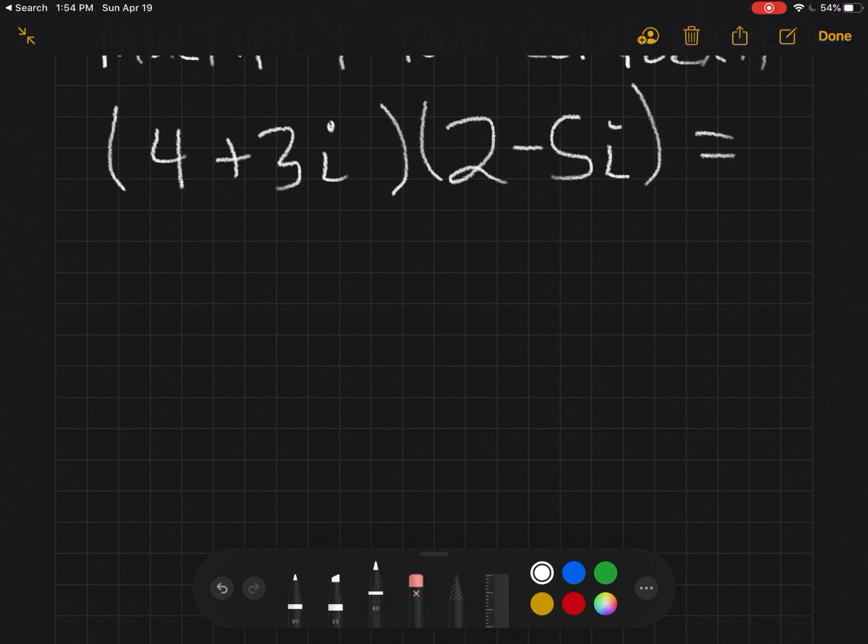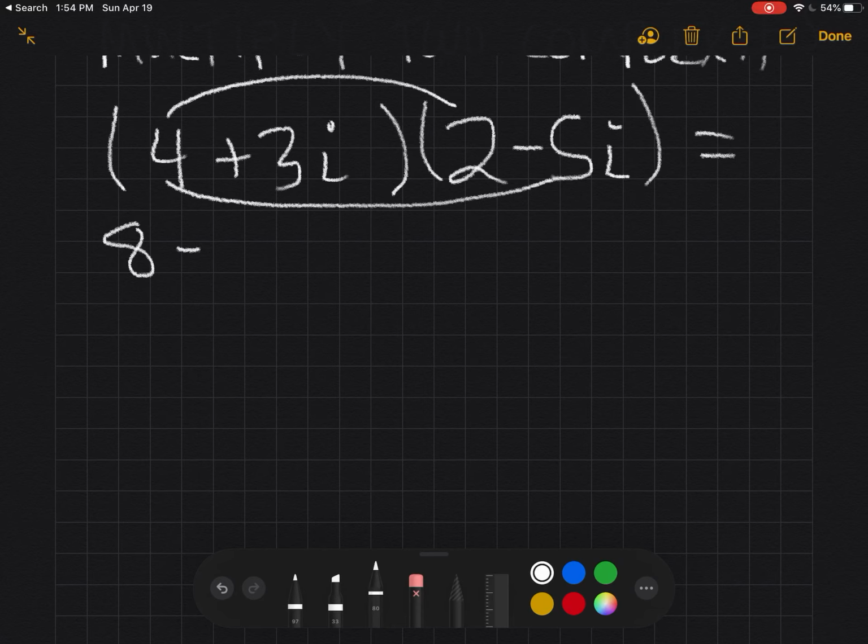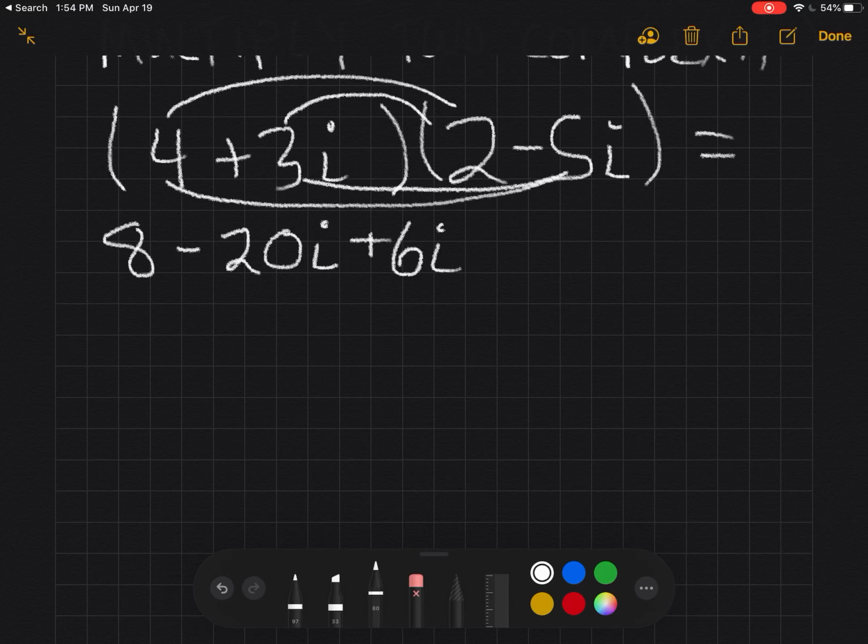So let's suppose I had the numbers 4 plus 3i and 2 minus 5i. You could do this by foiling. You could also do it in a multiplication table. I'll show you both. So first I'm going to show you by FOIL.